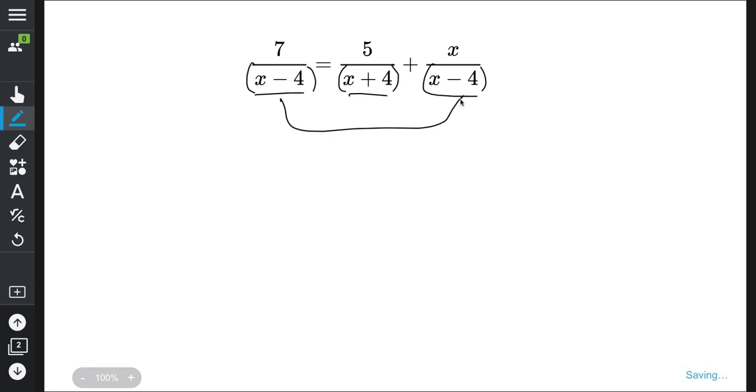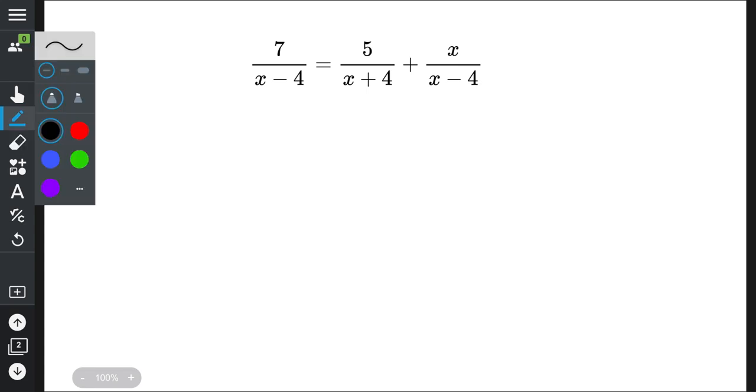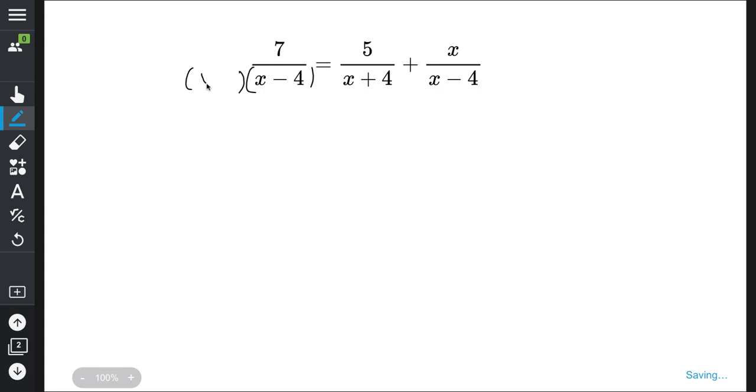Well, these two are the same, but each of them needs one or the other in order to give them the same denominator. So this one needs that one. I'm going to write it underneath. This one needs that one, and this one needs that one.